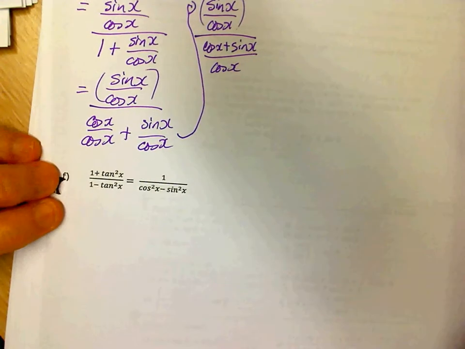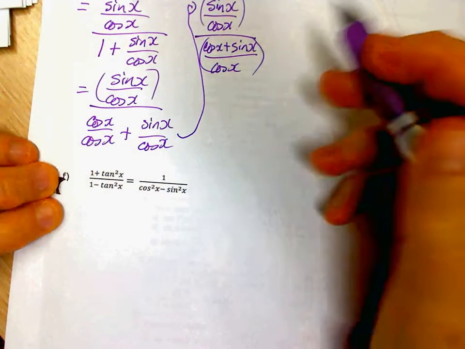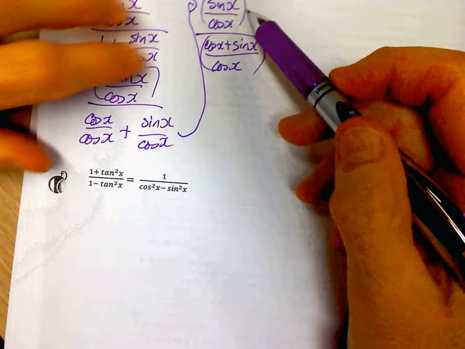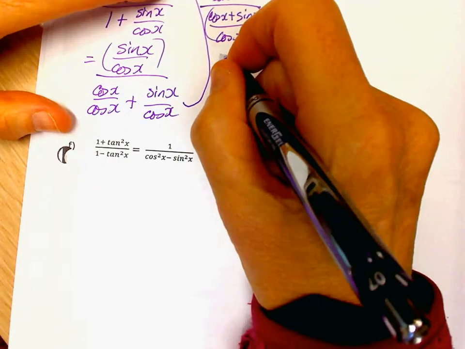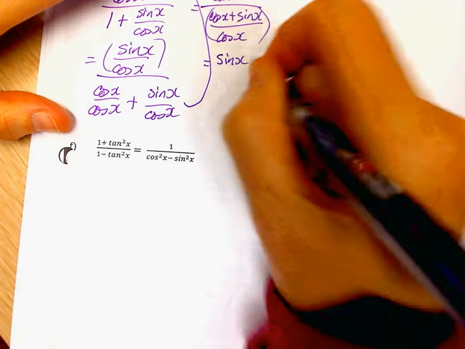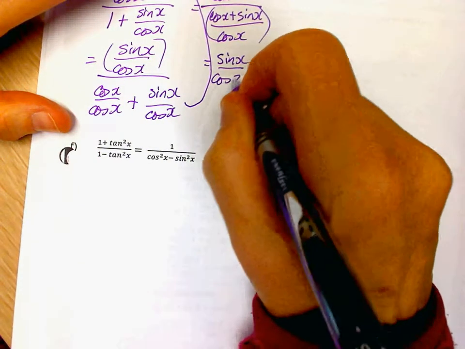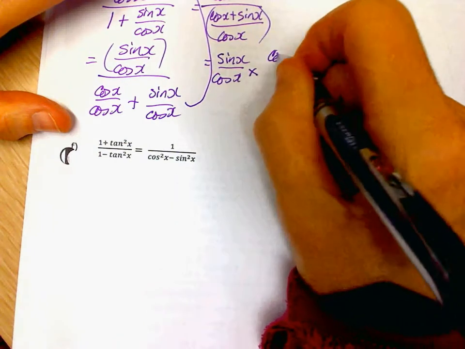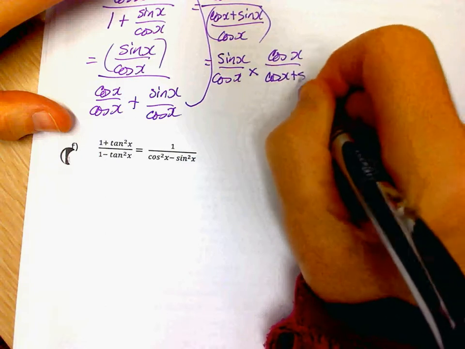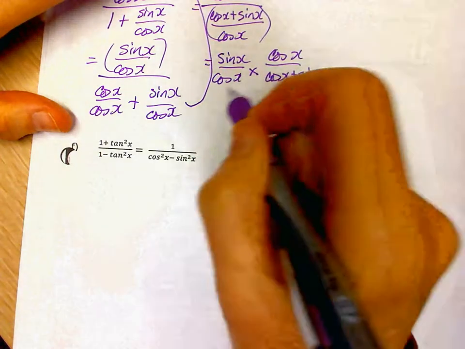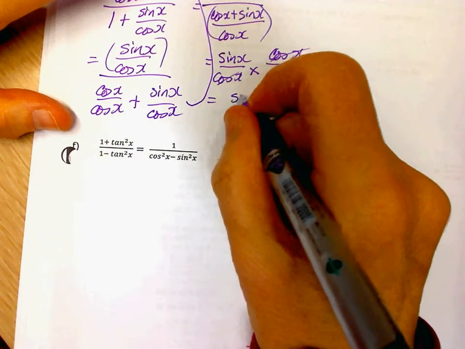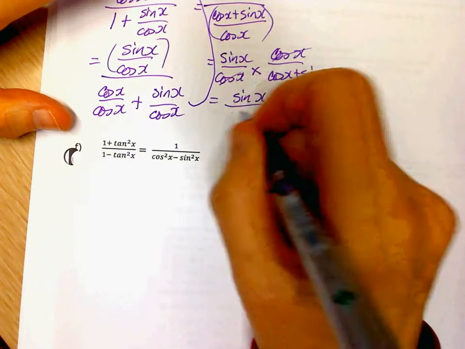When we divide by a fraction, we can multiply by the reciprocal. So this is going to be sine x over cos x times cos x over cos x plus sine x. That divides out, and we're left with sine x over cos x plus sine x.